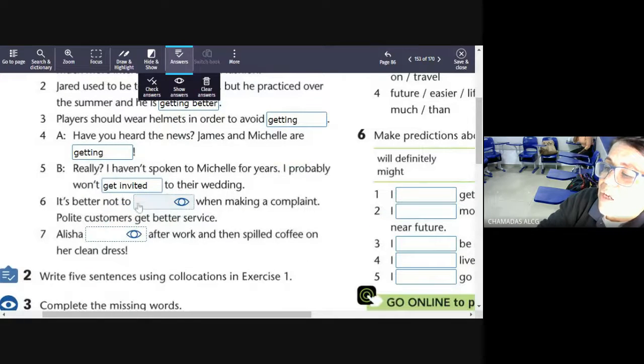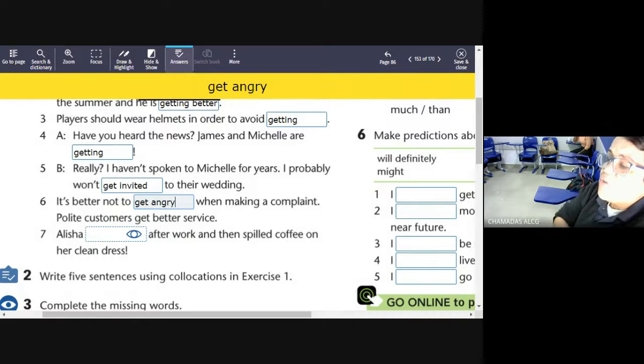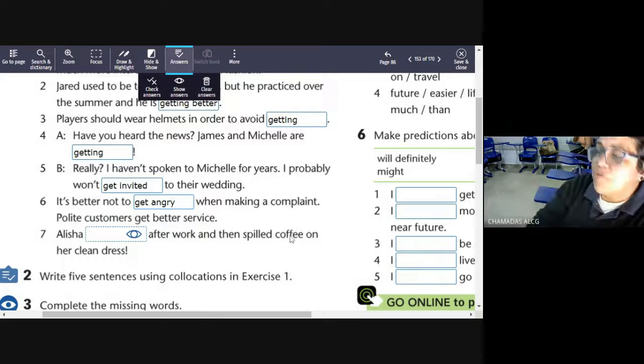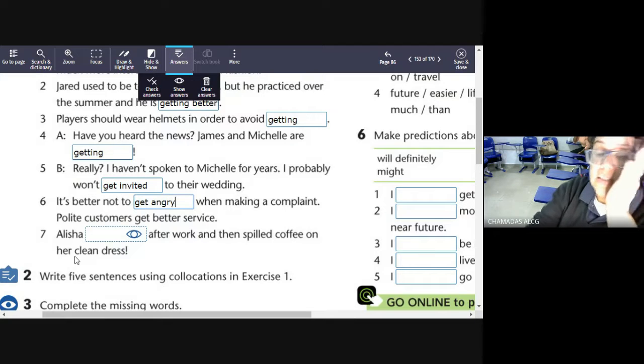Now, it's better not to get angry when making a complaint. Yes, we could also say get nervous, right? Whenever we are trying to make a complaint. Polite customers get better service, and that's true. Number 7, Alicia got changed after work and then spilled coffee on her clean dress.